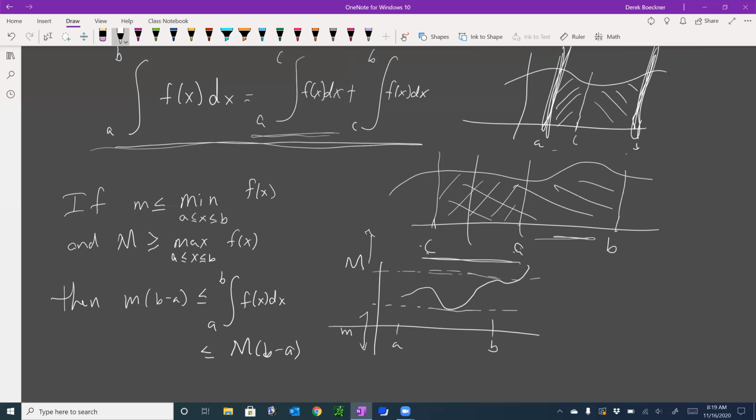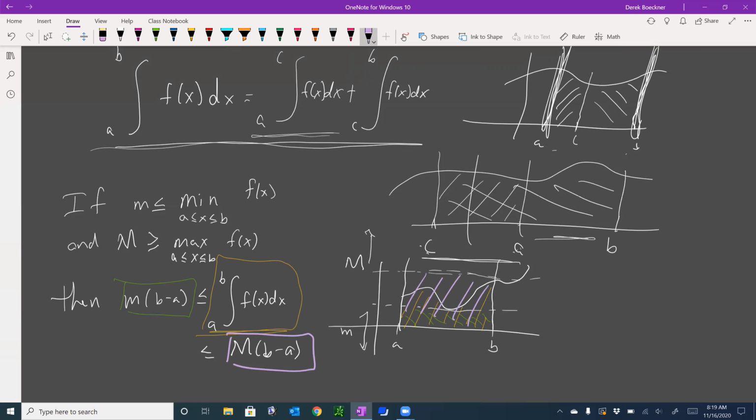Okay, all that says is the yellow area is in the middle between the green area and the purple area.